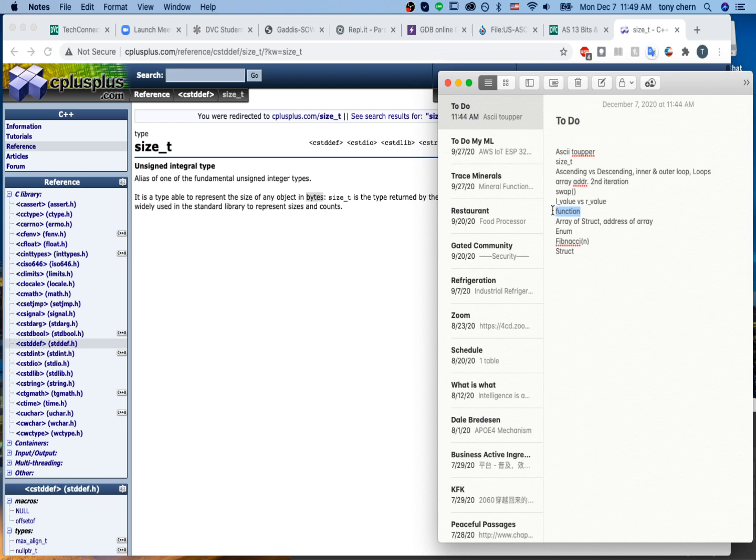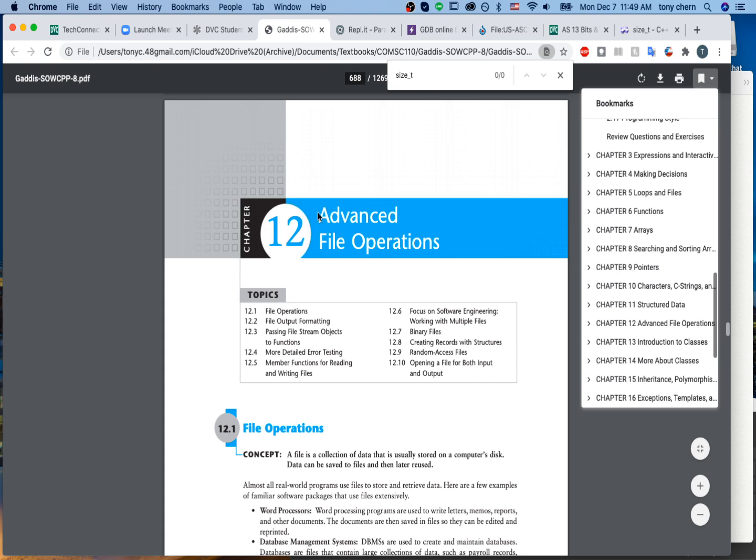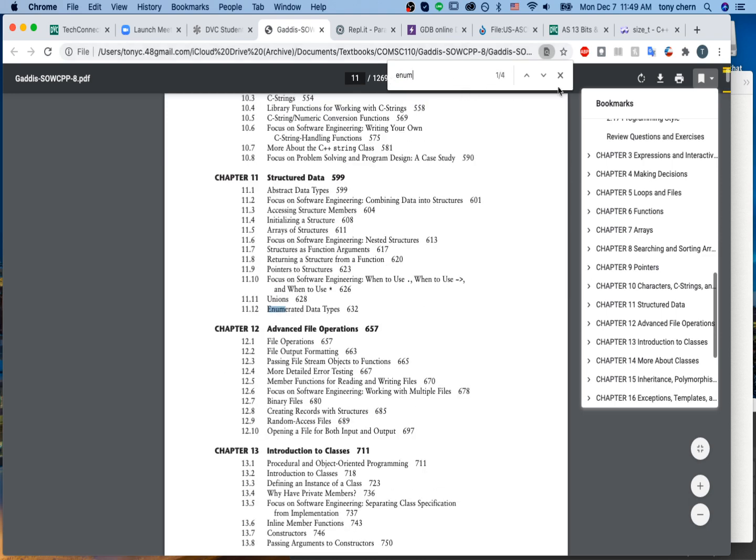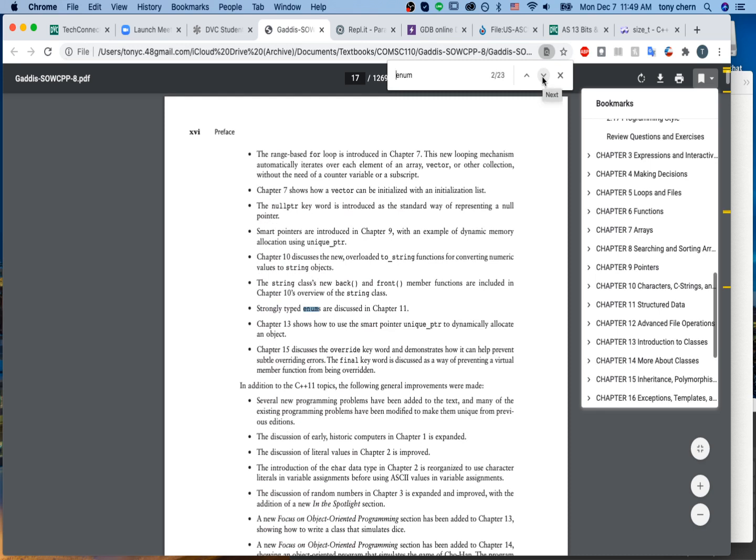Okay, then we have some enums. There are several iterations, and what you need to know is to go to enum, and we have plenty of places that say enum. Let's go right here. The first one is number 2, enum, chapter 11.